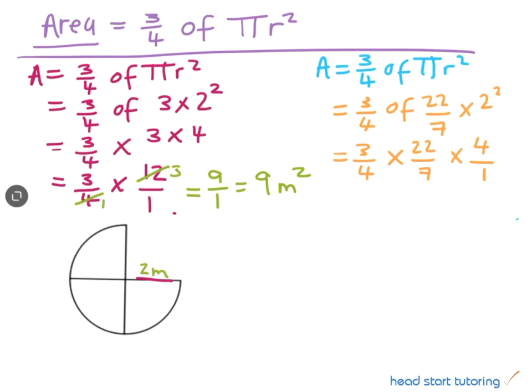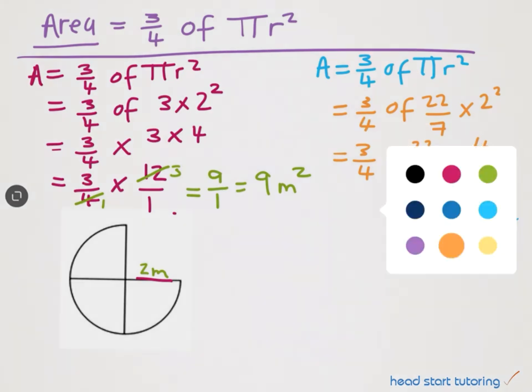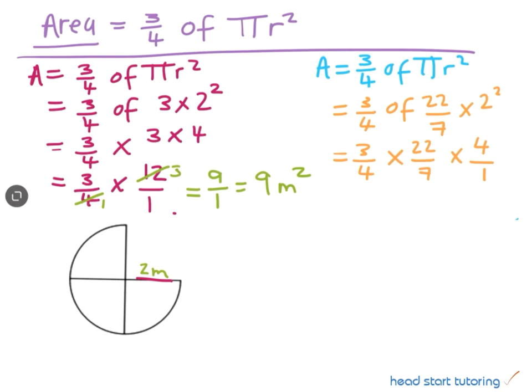Right, so now what we can actually do is just cross cancel and multiply all the way across. So 4 goes into itself once with this 4, which also goes into itself once. So you can do that when you are multiplying with fractions.